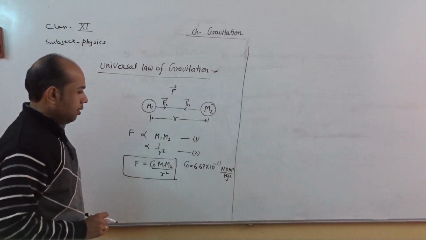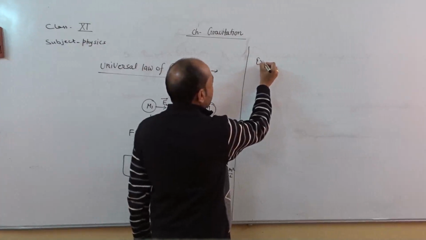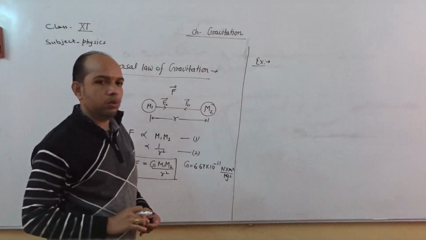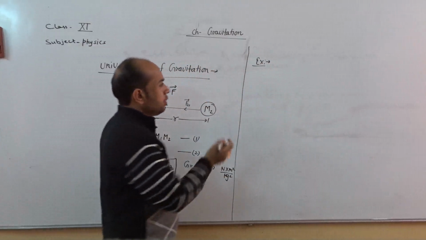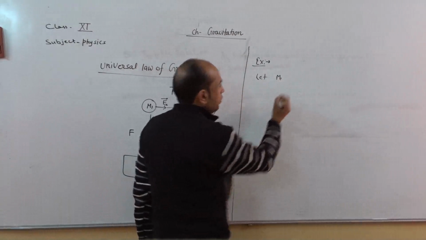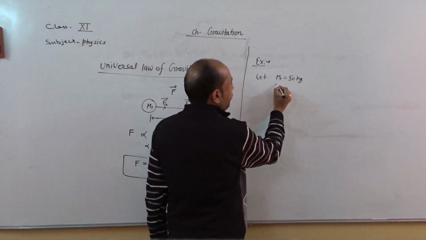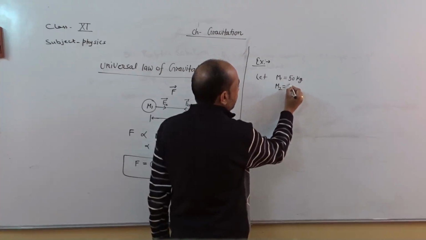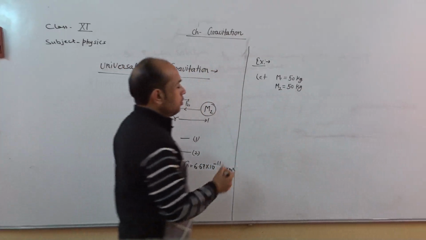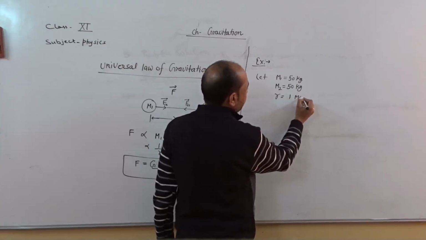Okay. Next we take one example in order to understand how this force of attraction plays out in day-to-day life. Suppose m1, the mass of one person, is 50 kilogram. Similarly for the second person the mass is 50 kilogram, and the distance between them is suppose 1 meter.